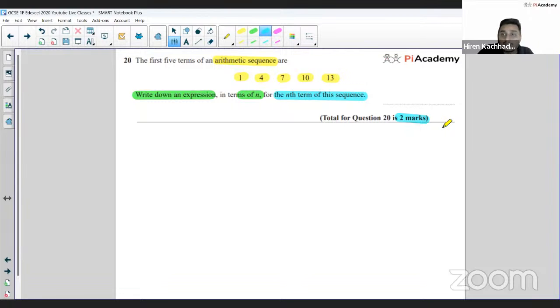Solve, everyone, please. Okay, very good. Zaika and Coimbatore, I'm getting answers from both of you.